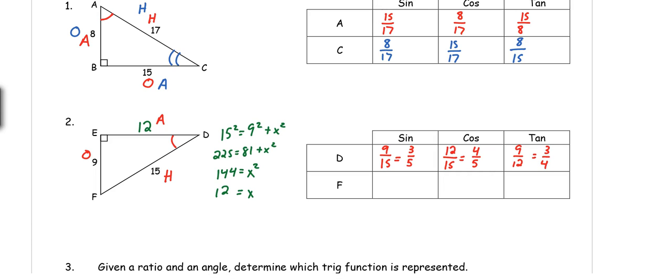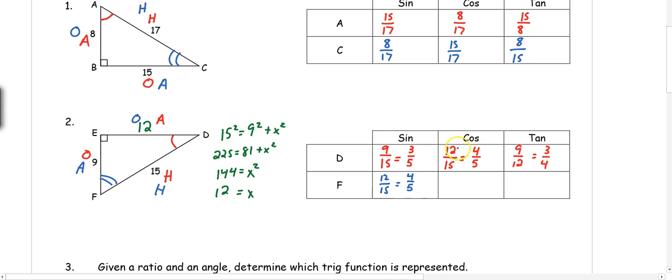Now, if we switch reference angles and we look at angle F, across from angle F is my opposite, across from the 90 is the hypotenuse, the third side is my adjacent because it's next to the angle. So my sine of angle F is opposite over hypotenuse, which reduces to 4/5.